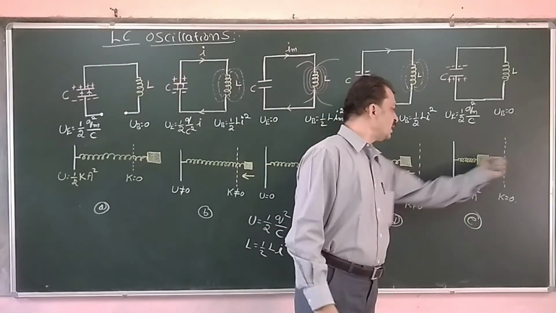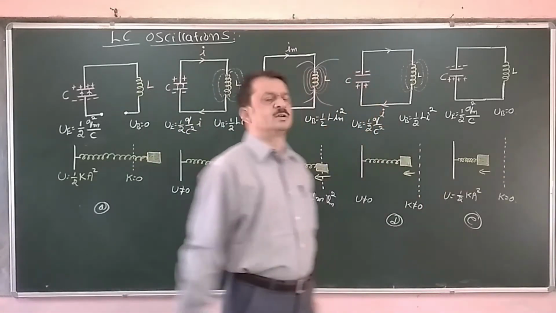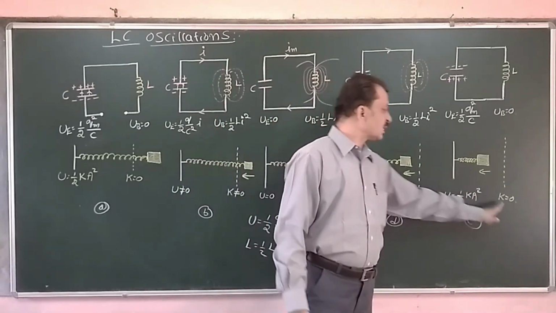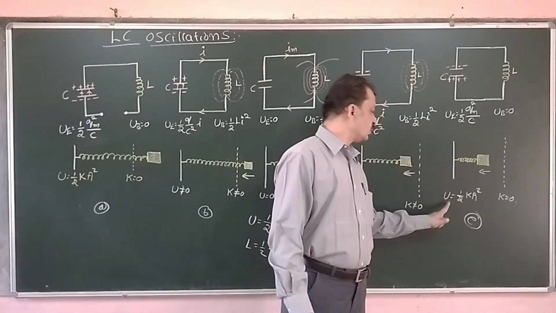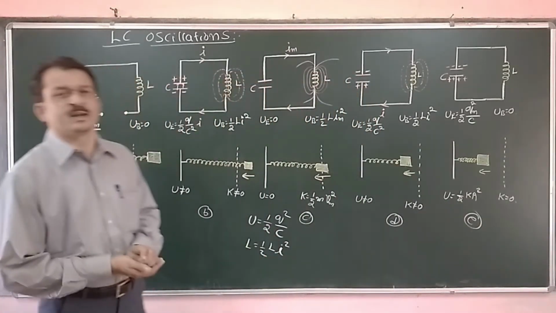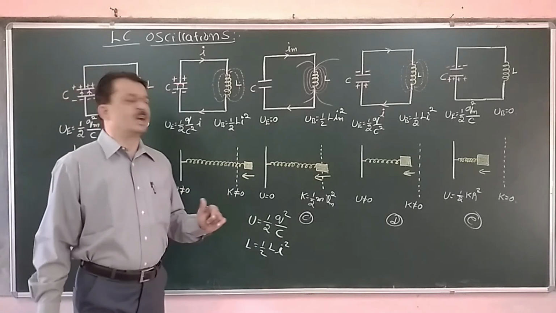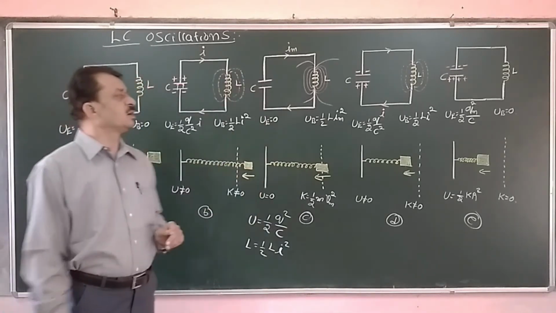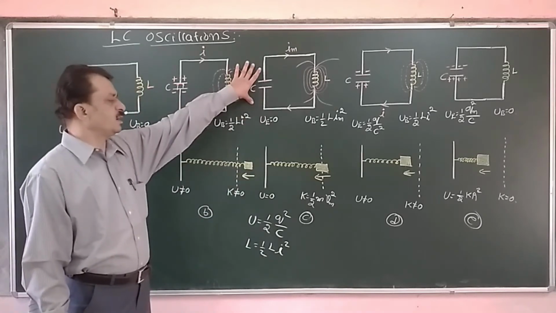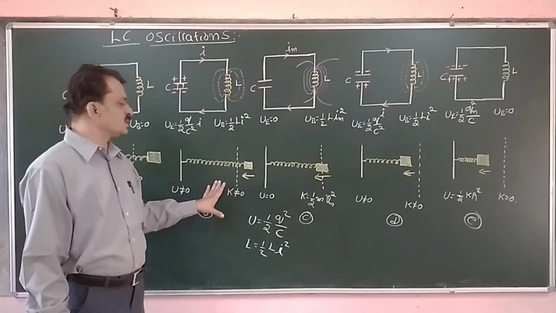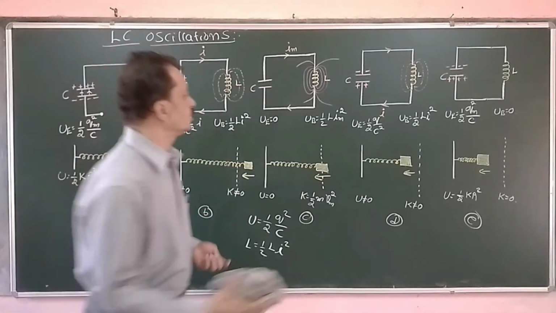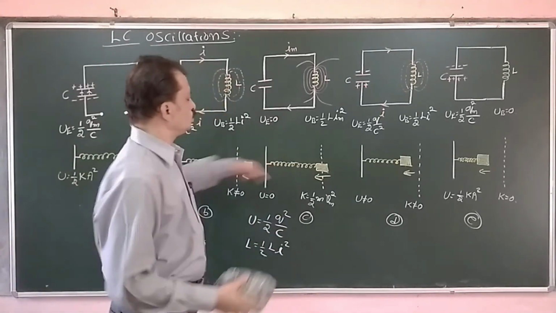As and when it completely presses the spring, kinetic energy becomes zero, and we get maximum potential energy of half Ka square. So in this way, we can compare those two oscillations. Now this is the electrical or electromagnetic oscillation, and this is the mechanical oscillation. Now we will compare these two.